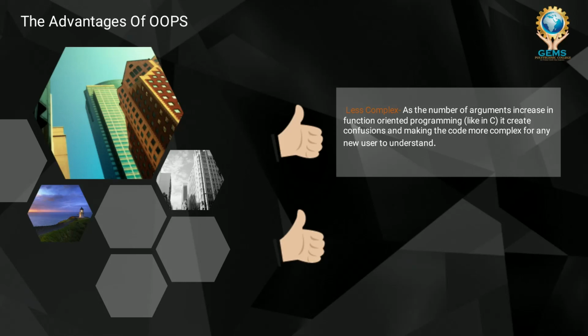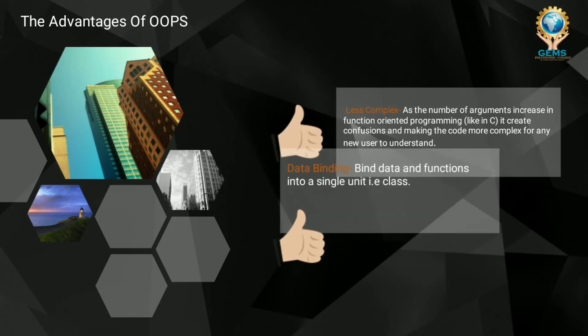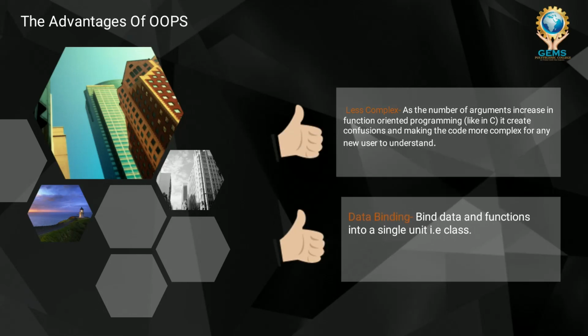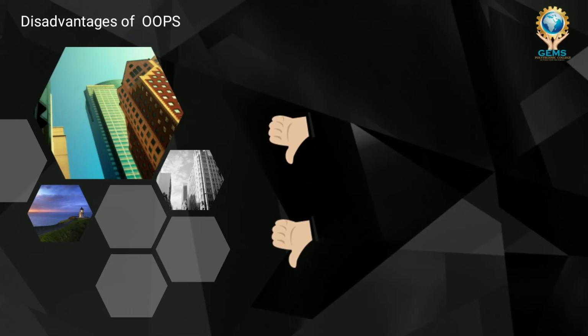But data reusability means when we need the same code, we can use that code multiple times, saving memory, at the same time saving energy, time and money. Then less complexity. We already discussed it is easy maintenance, that means less complexity. Data binding. Data binding means data security. These are the advantages of object-oriented programming.